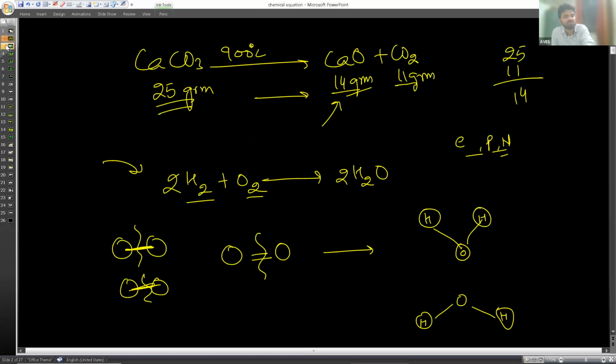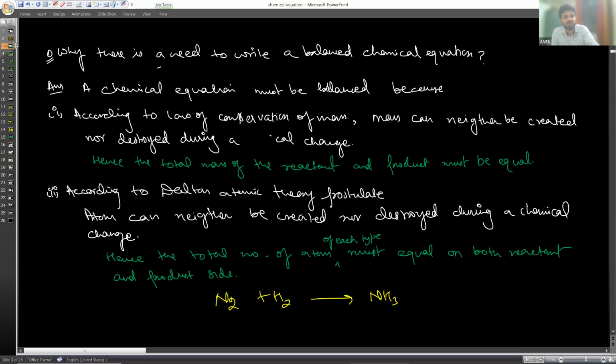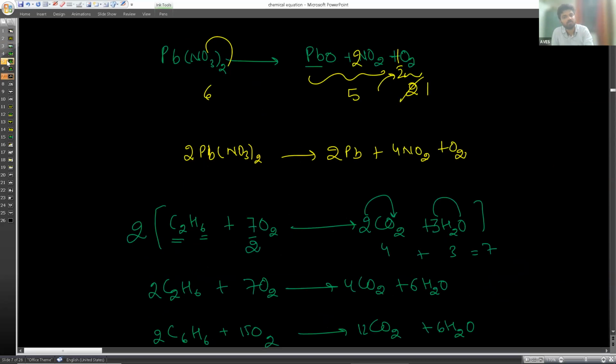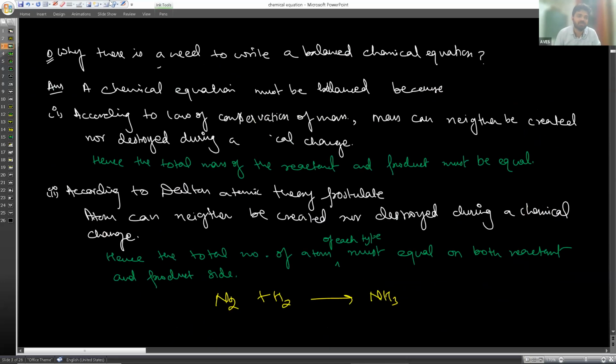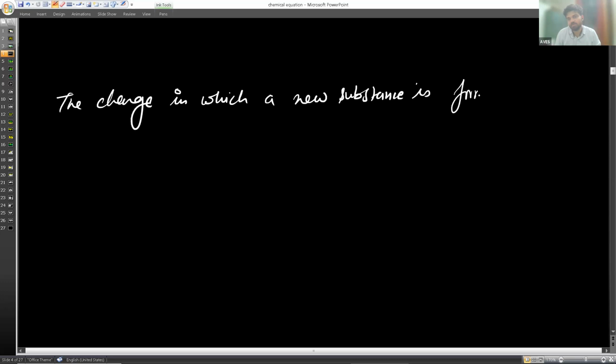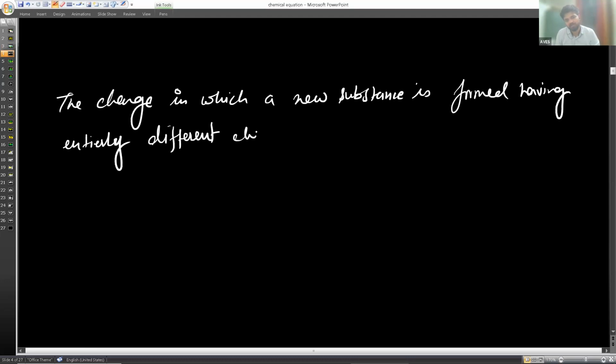A change in which a new substance is formed, having entirely different chemical properties.